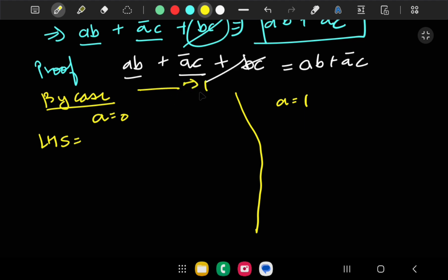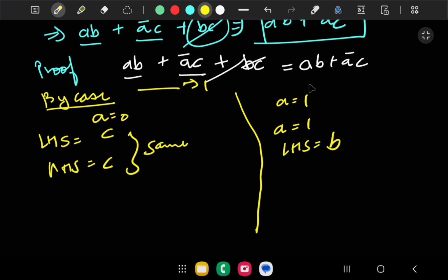This will be C. RHS will also be C. You'll see they are the same. If A is 1, LHS will be B. RHS will also be B. Proved.